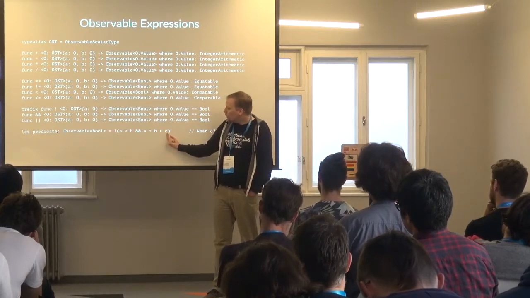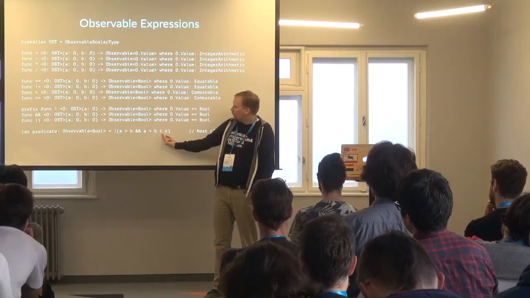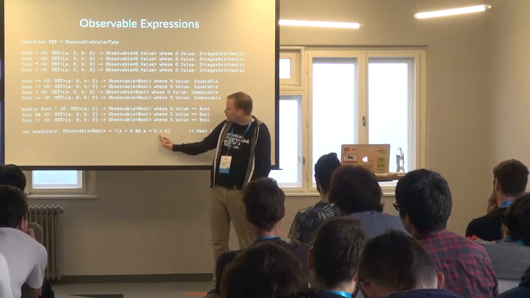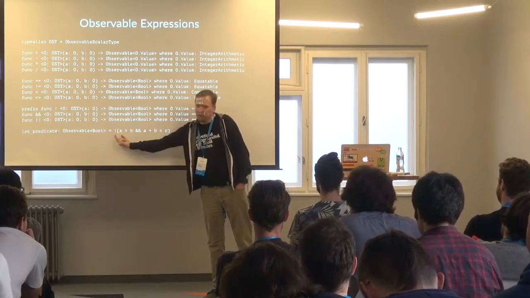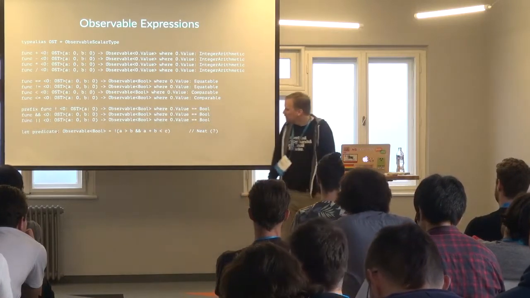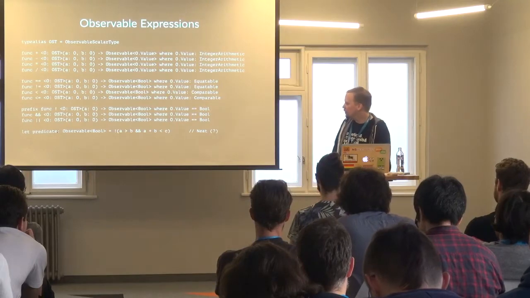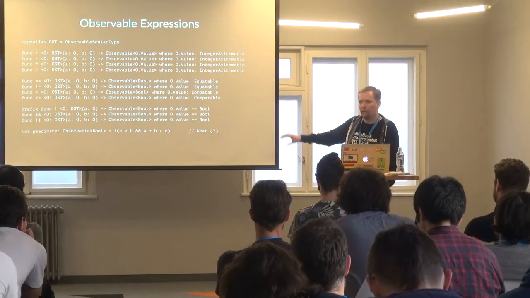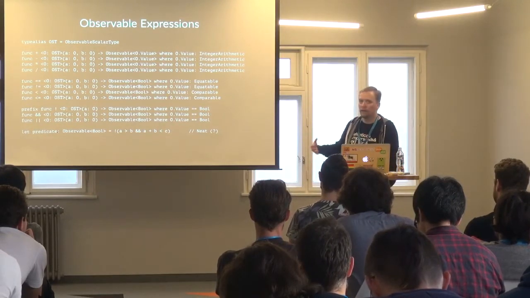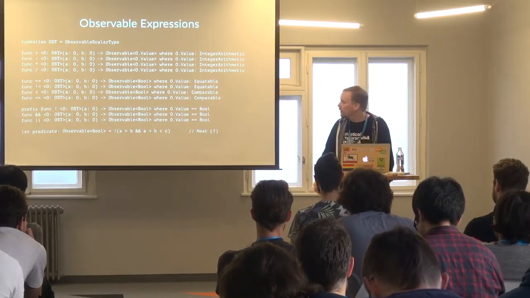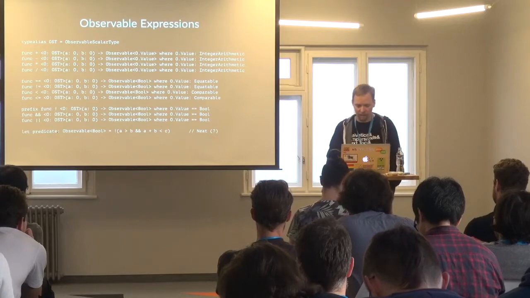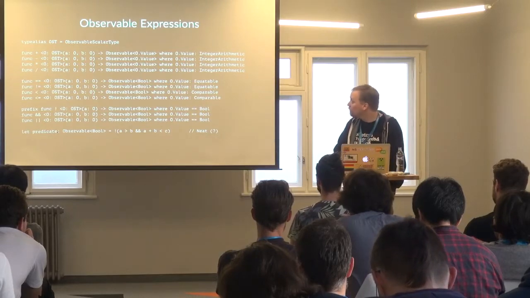So if c is changed, only this conditional is recalculated, and this logic operation and the negation, and that's it. That's not very useful probably for this simple kind of thing, but if you have a more complicated observable, this can save time and optimize the result immensely.